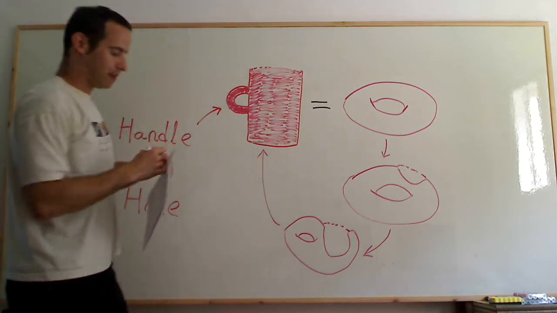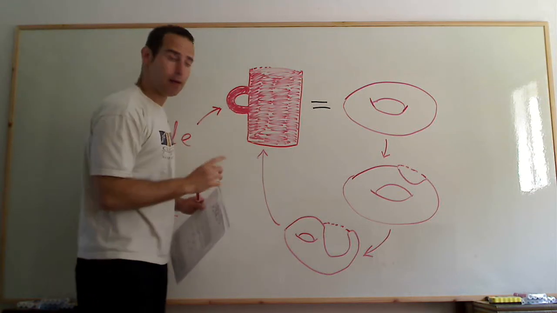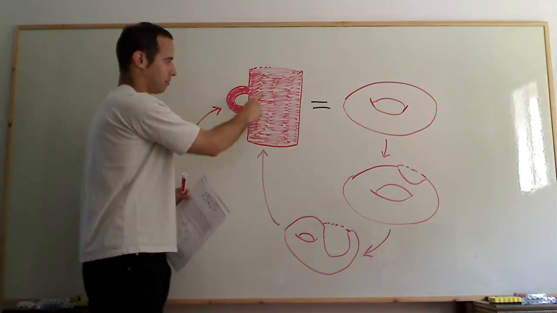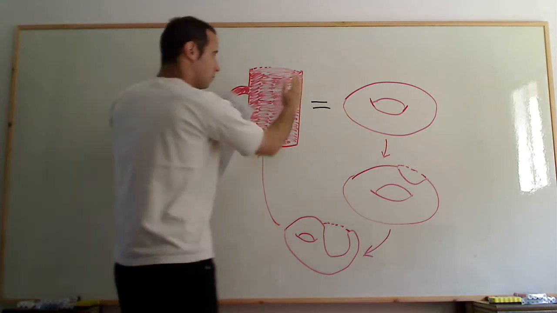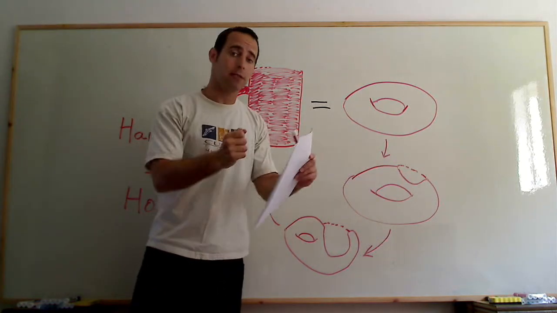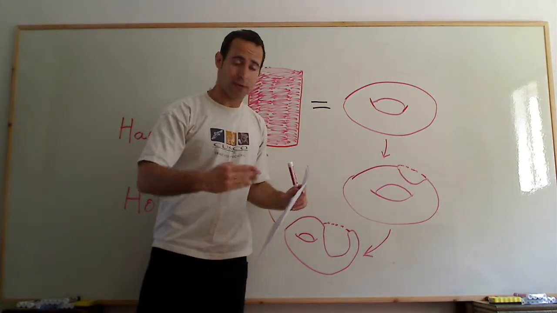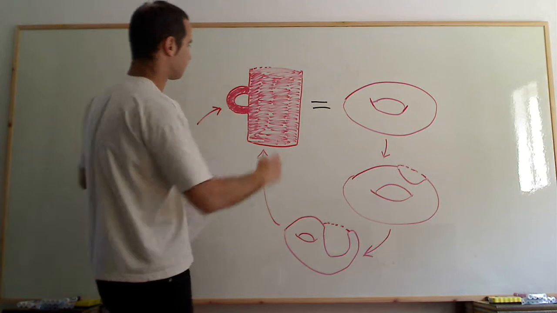So if we filled this whole shape with material, and we are left with the hole, and we make it smaller, we said we can stretch in topology and we can squeeze, and it's okay as long as we don't make holes or we don't cut a line.